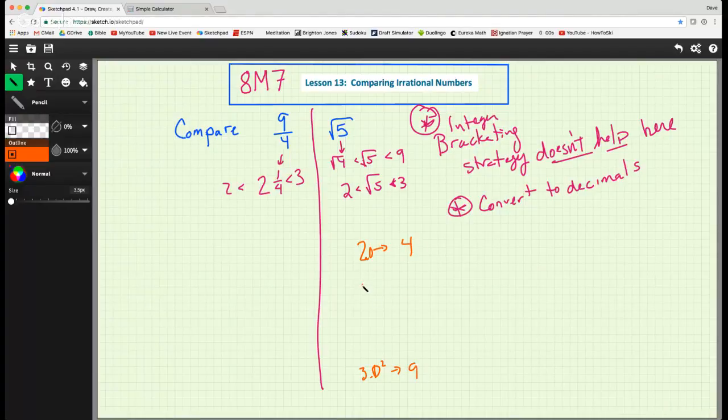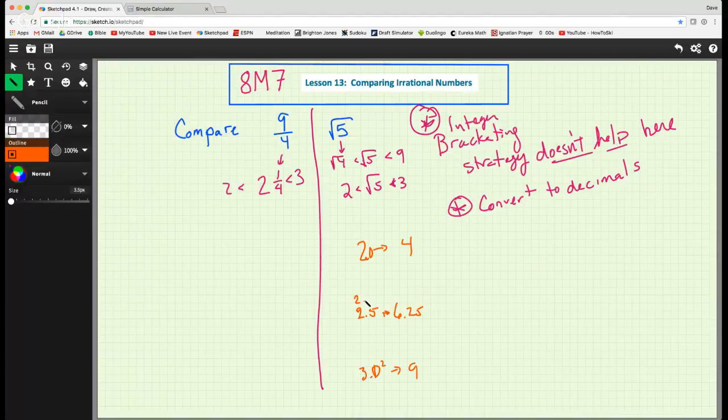So let's see what 2.5 does. Well, 2.5 squared, again, this strategy that we're going to use to approximate the square root of 5, we learned how to do, I think, in lesson 11. Maybe it was lesson 12. So that's 6.25. So the square root of 5 is less than 2.5.